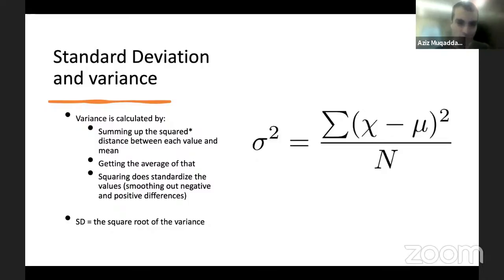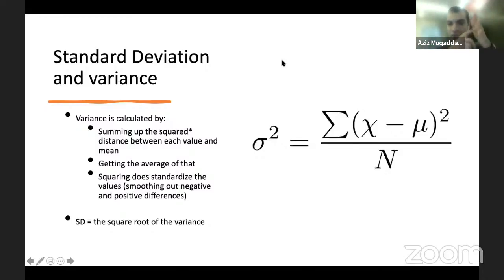To do that, you basically just calculate the difference between each value and the mean, and you square them, so you get rid of the minus. So if you got 3 points above the mean or 3 points below the mean, it would count as 3.